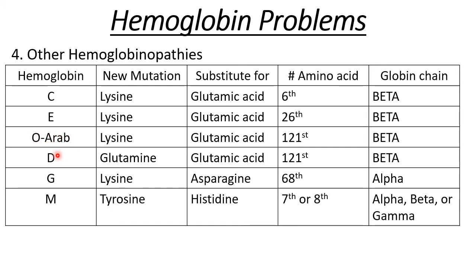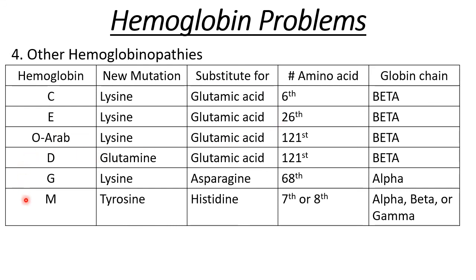Lysine will substitute for glutamic acid at the beta-globin chain and nagkaiba lang dun sa arrangement of the amino acid. Ito, inaapektuhan niya yung 6th amino acid ang hemoglobin C, 26 hemoglobin E, 121st hemoglobin O. So, alphabetically arrange nyo lang, C, E, O: 6, 26, 121.